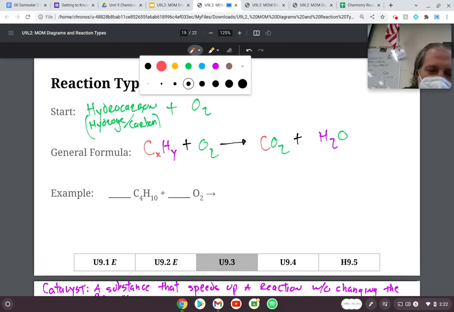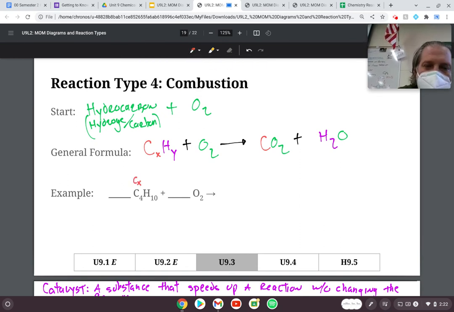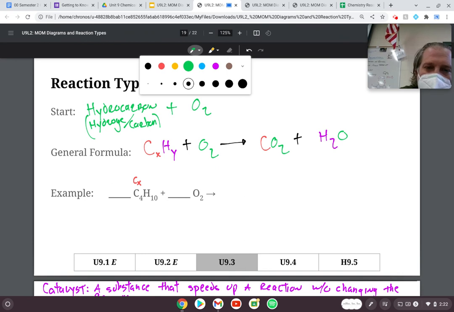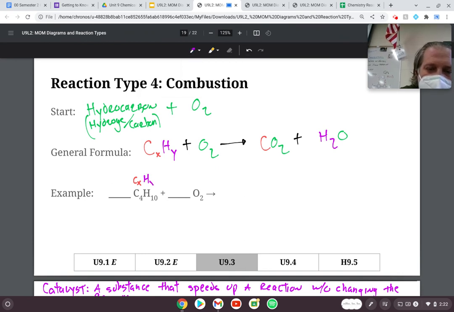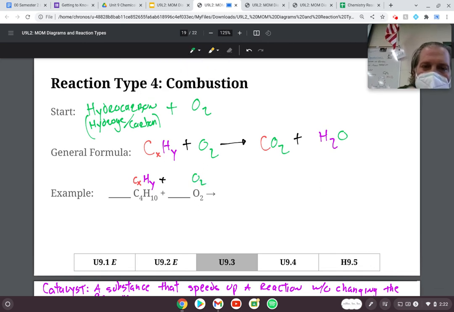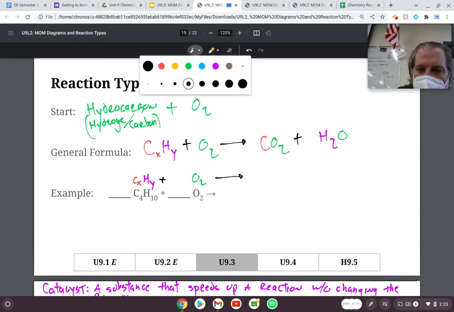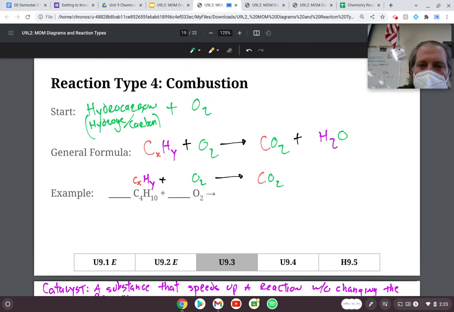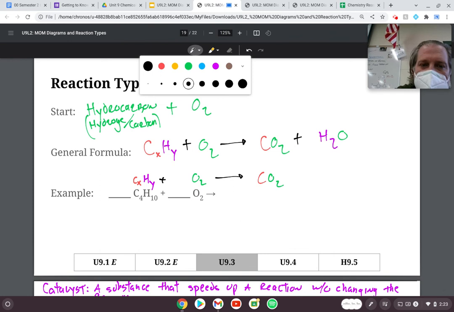So I have my Cx, so C4. I have my Hy, so H10, plus the O2. It's going to react to form the CO2 and the H2O.